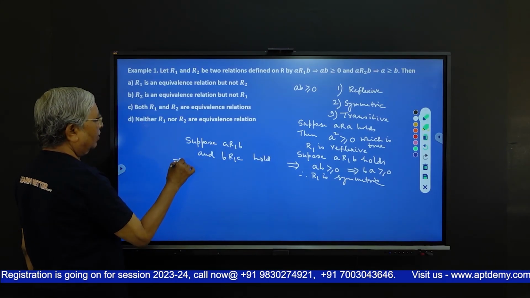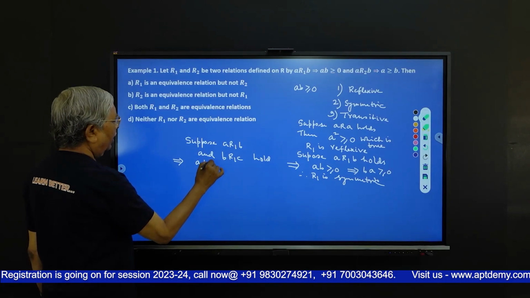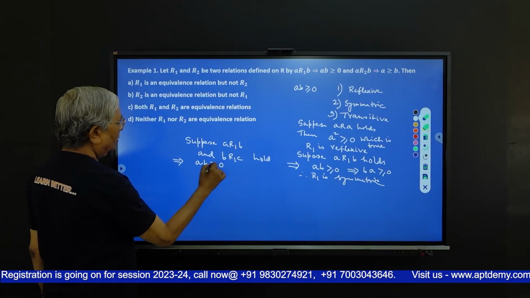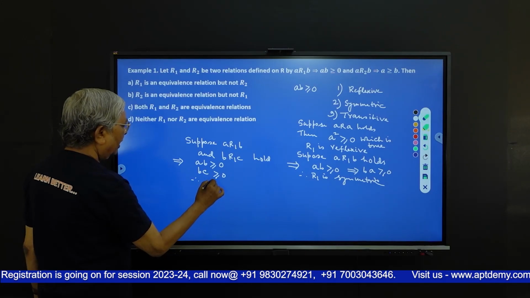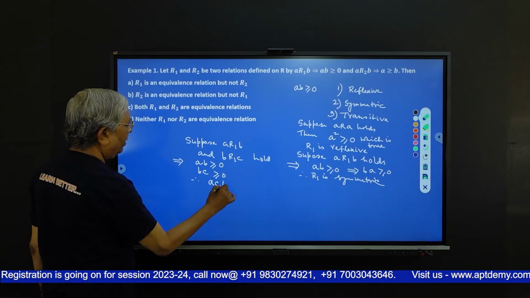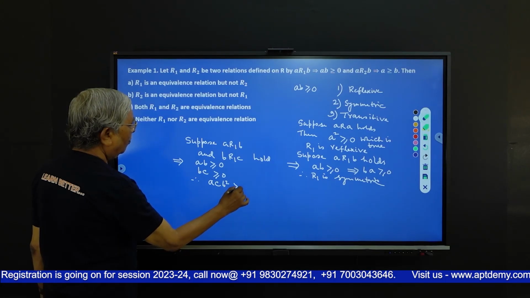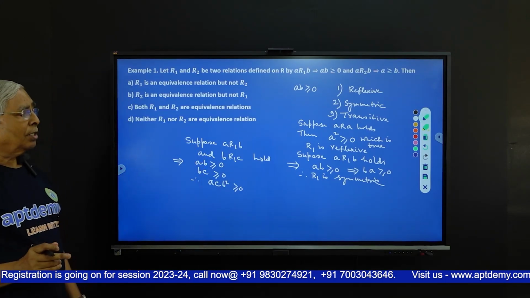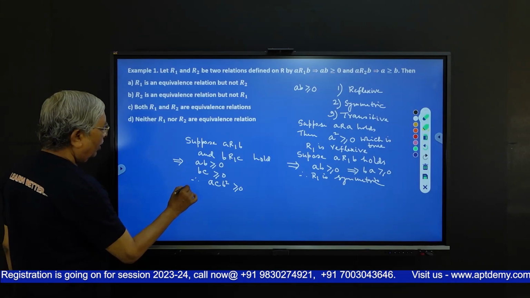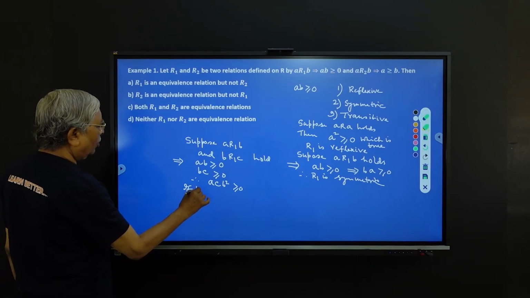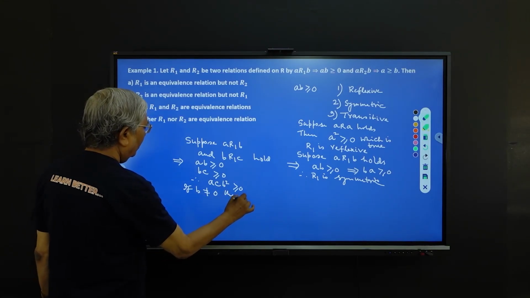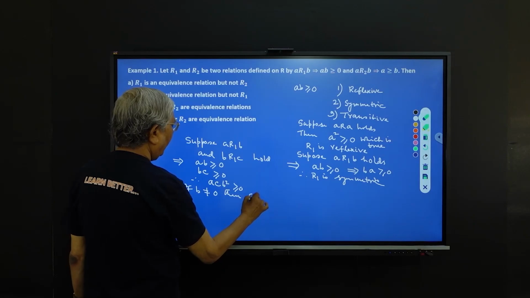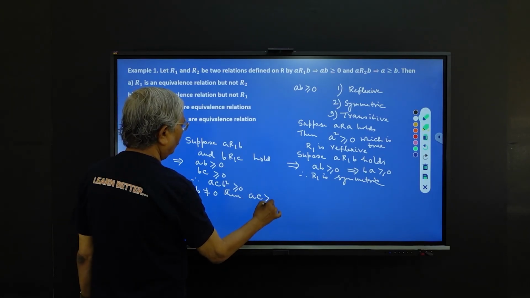So this implies ab greater or equal to 0 and bc greater or equal to 0. Therefore, you can say ac times b squared greater or equal to 0. But from this, if b is not equal to 0, then we can say that ac greater or equal to 0.